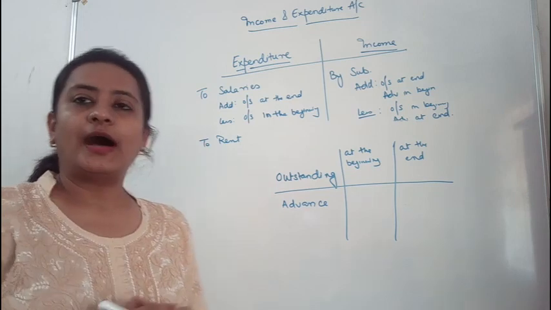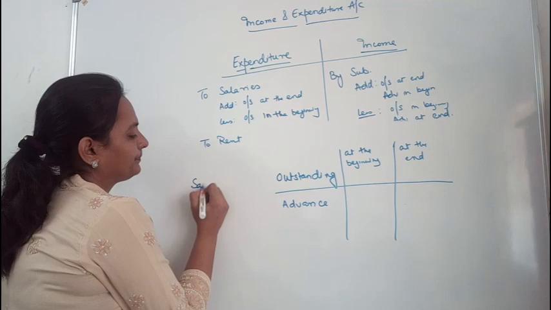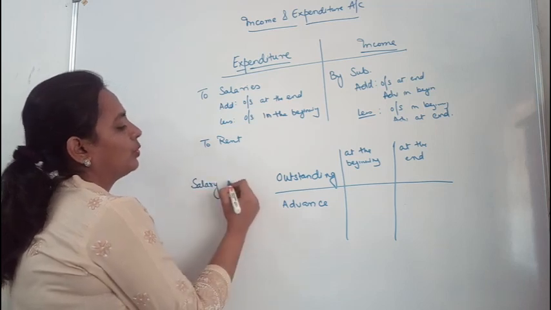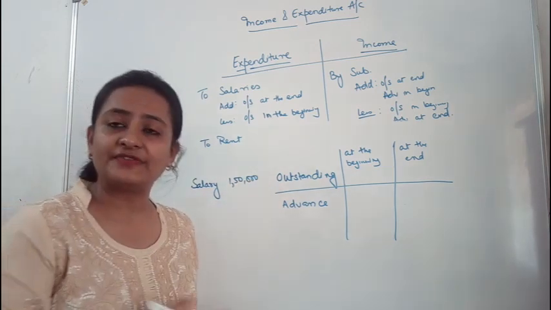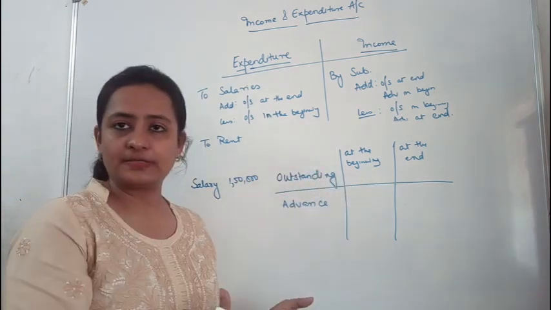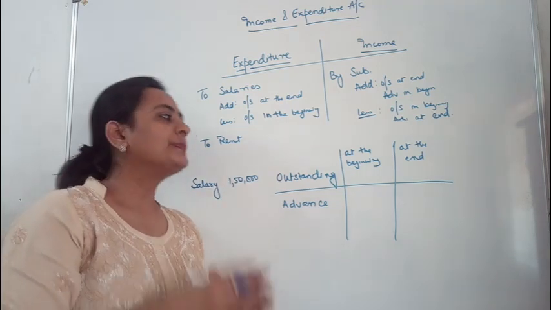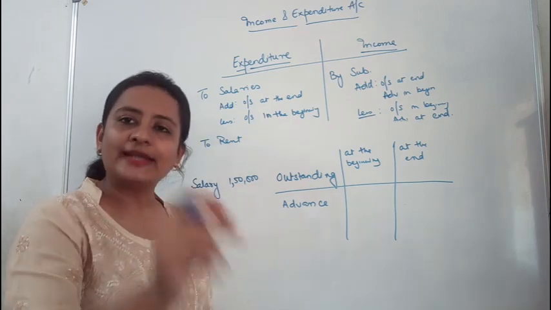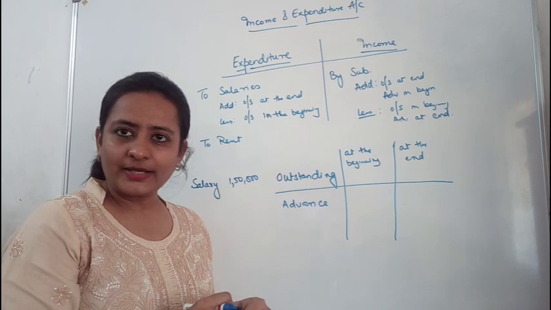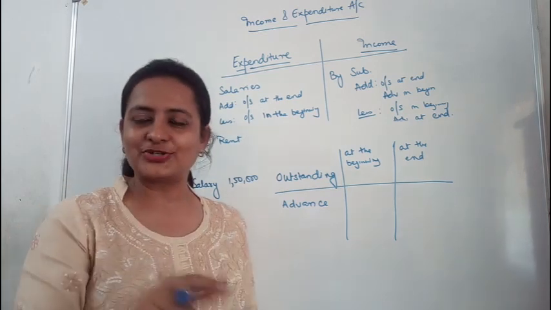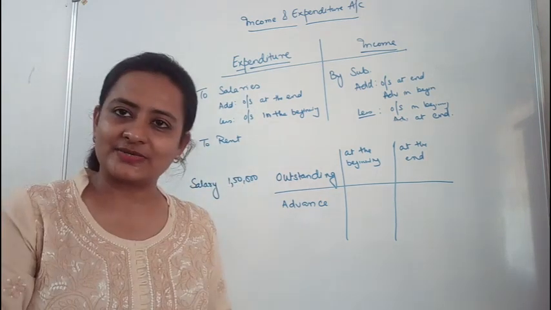For example, I have paid a salary in the previous year of say 1,50,000. How much salary have I paid in the previous year? I saw in my cash book, in my receipt and payment account, that the salary that I have paid is 1,50,000. However, the salary of that staff was only 10,000 per month. So actually, how much was the salary of the previous year? 1,20,000, right? 10,000 into 12, 1,20,000 was the salary. But I have paid how much? 1,50,000.